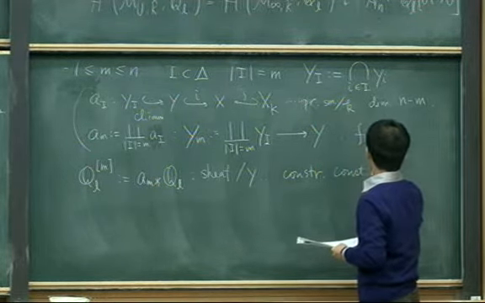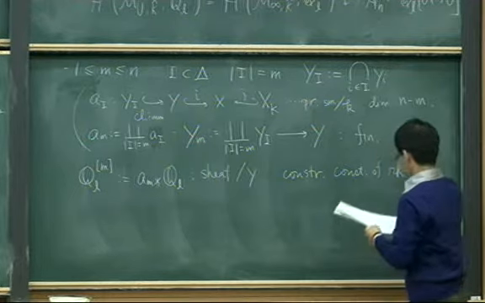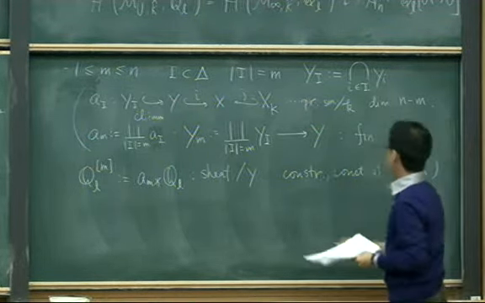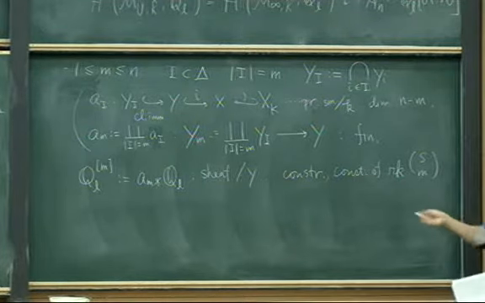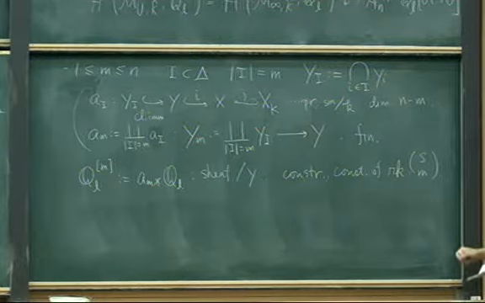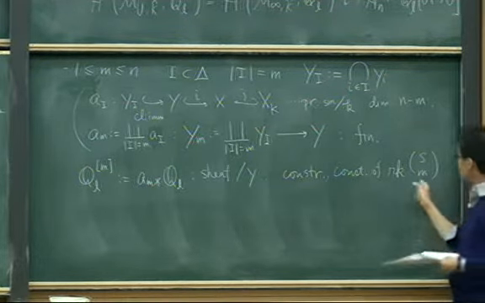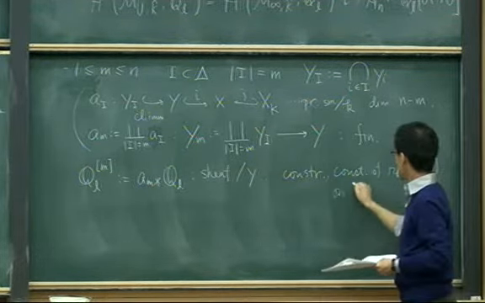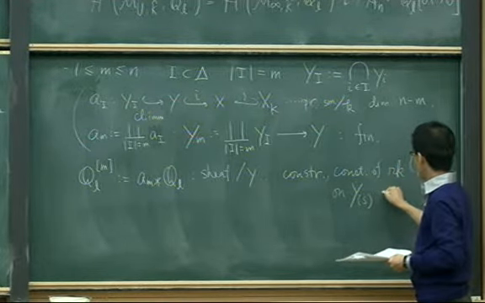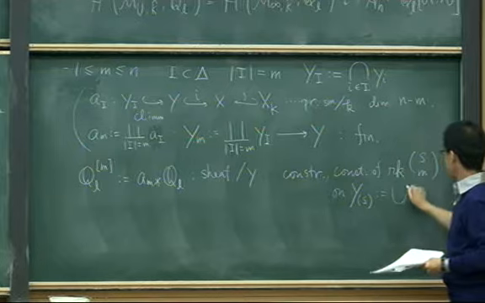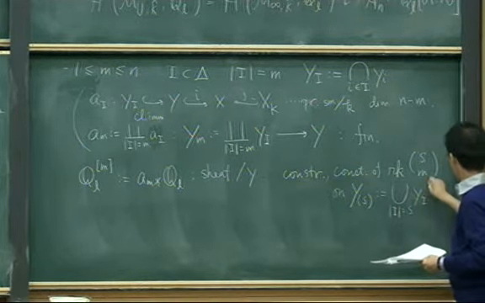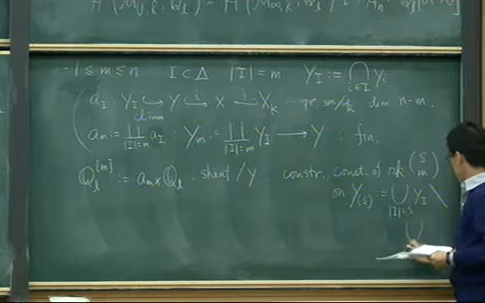And what does constructible mean? It means that it's locally constant on some locally closed subschemes. So this is constant on the locally closed subscheme Y_s. This is the open strata, set minus.